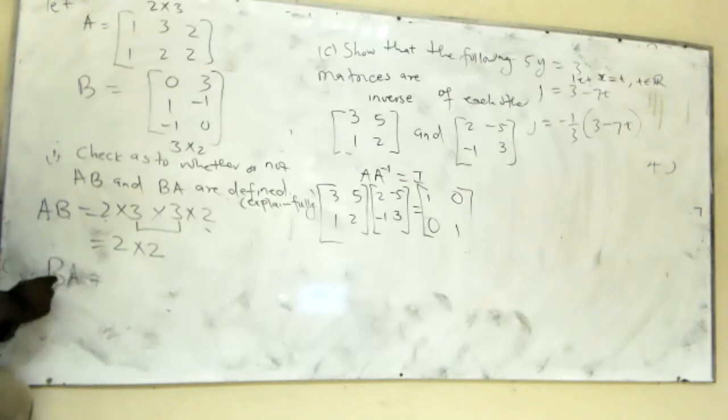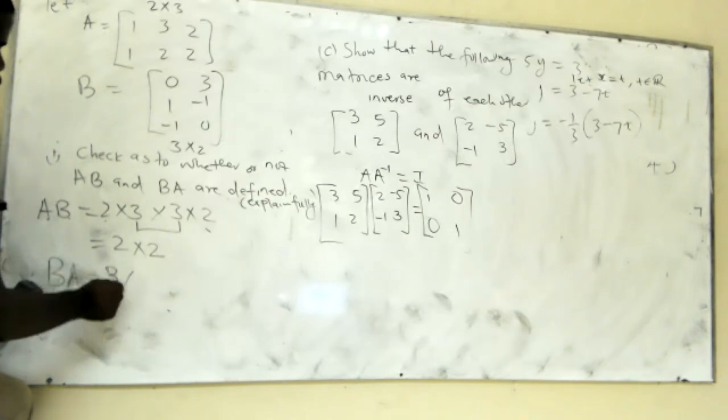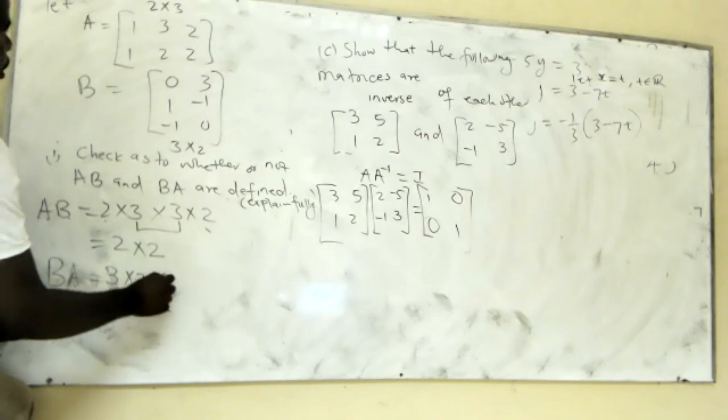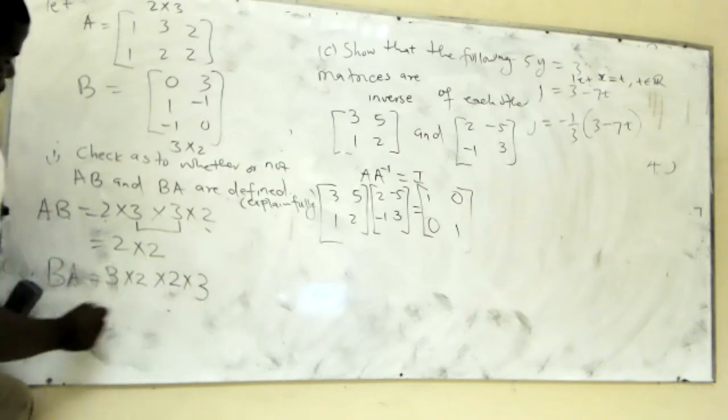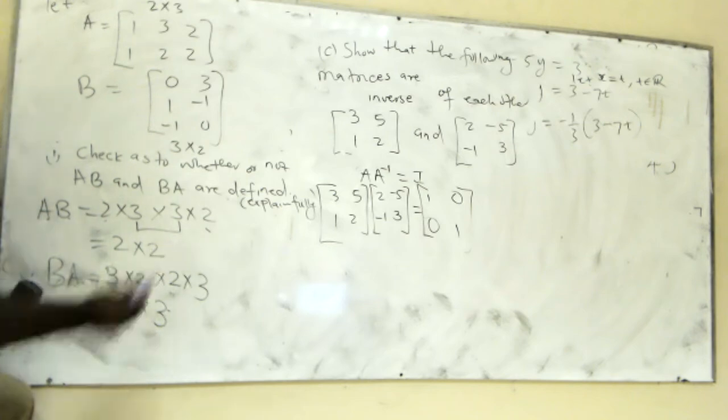For BA, we're going to have B, which is 3 by 2, and then A is 2 by 3. Therefore, the size of BA is going to be 3 by what? 3 by 3. You see that?